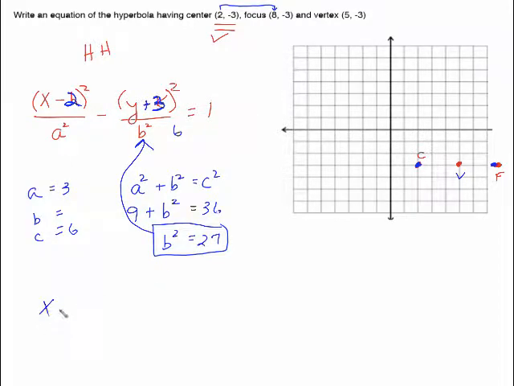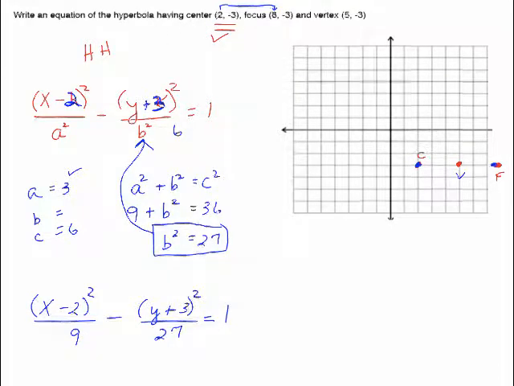So I have (x - 2) quantity squared minus (y + 3) quantity squared. And b squared is already 27, so I didn't need to really simplify that at all. And come back here, since I do know that a is 3, I might as well say 3 squared gives me 9. So that gives me the whole equation of this hyperbola.